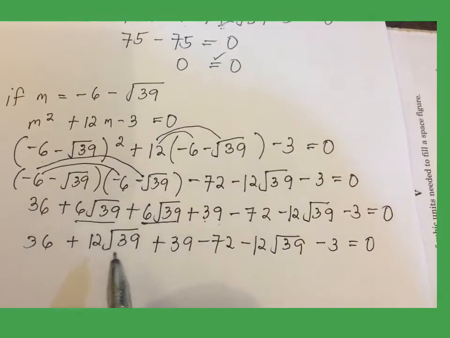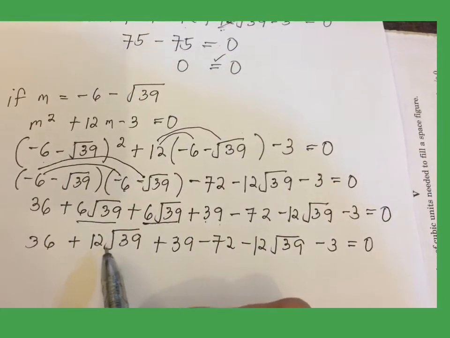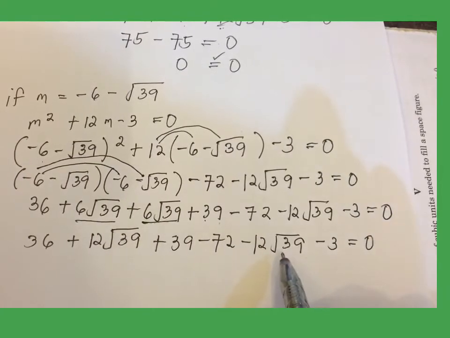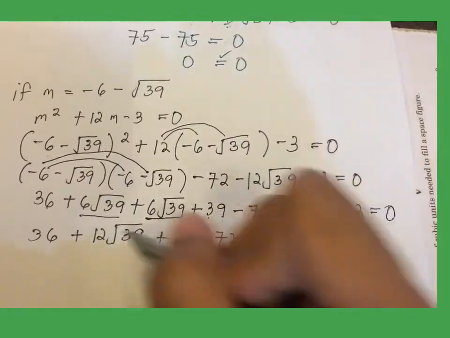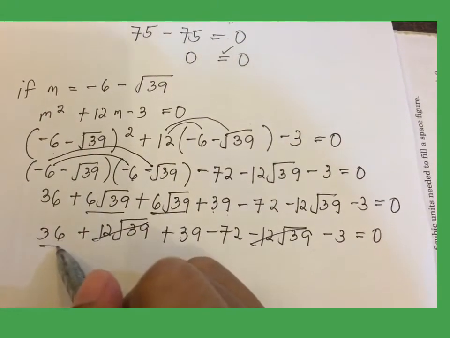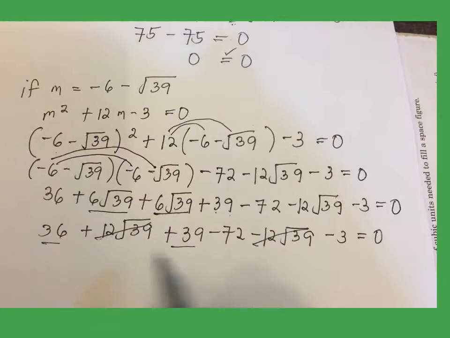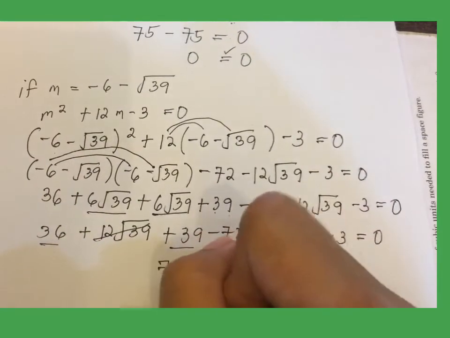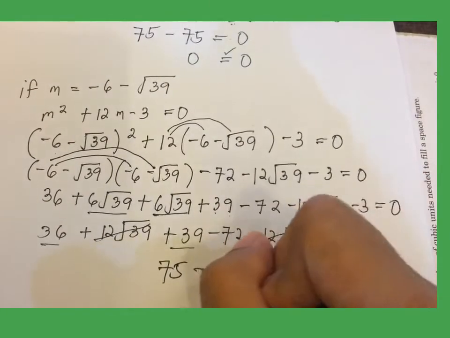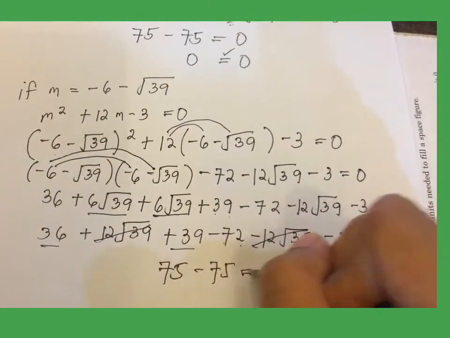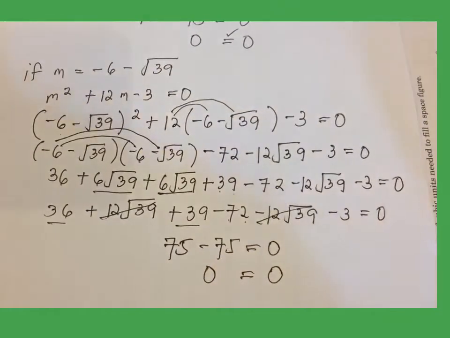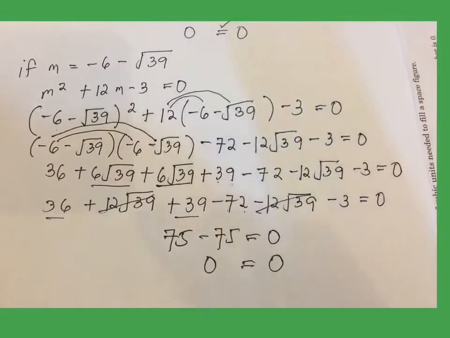See, I have 12 square root of 39 and negative 12 square root of 39, so this can be cancelled already. That is 0. So I'm going to just combine these two here. 36 plus 39, that's 75. Now, negative 72 plus negative 3, that's negative 75 also, equals 0. So, 0 equals 0. Okay, so that's it.